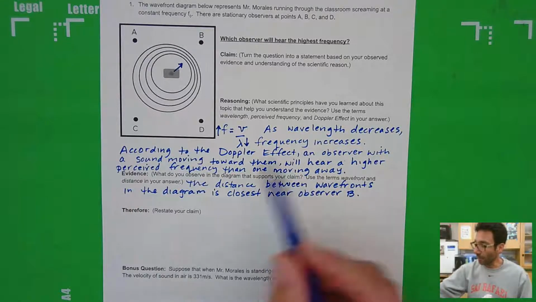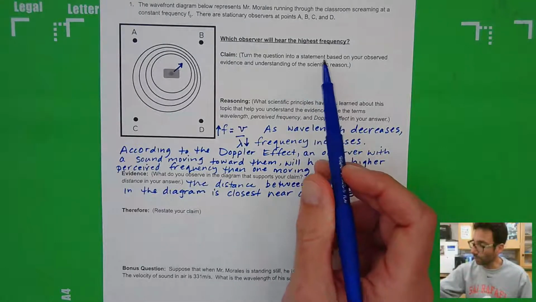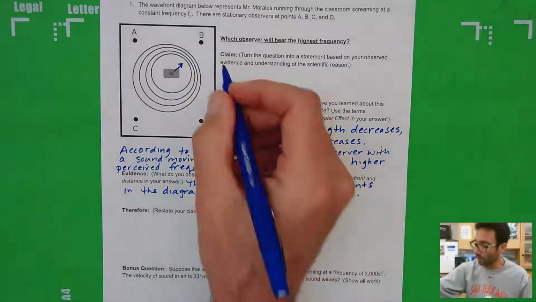Okay, so now I have the information that I need to go back to my claim, which is which observer will hear the highest frequency. So I can make a simple claim.